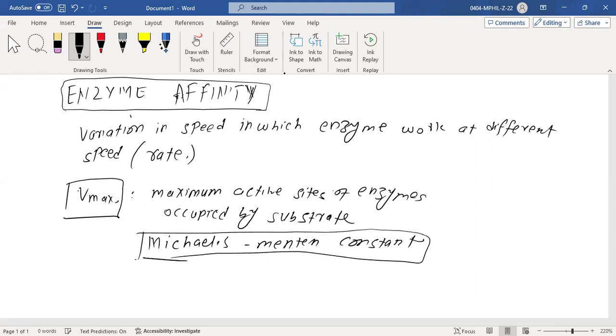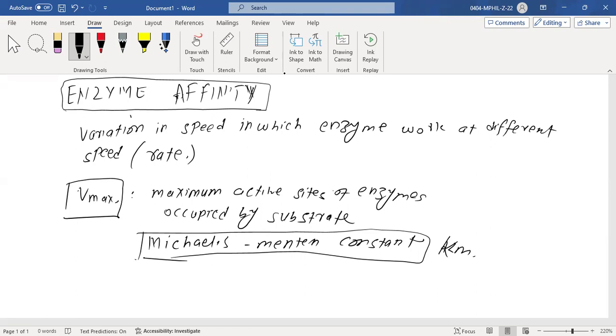We are using this concept. We can mention it here as Km. It is a constant, remember. There is a specific value of this Km, whatever we are using in the equation, so there we can find it.